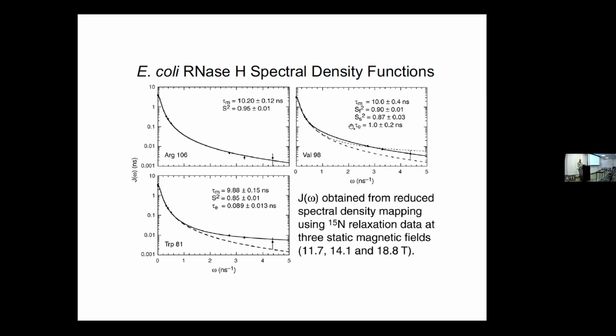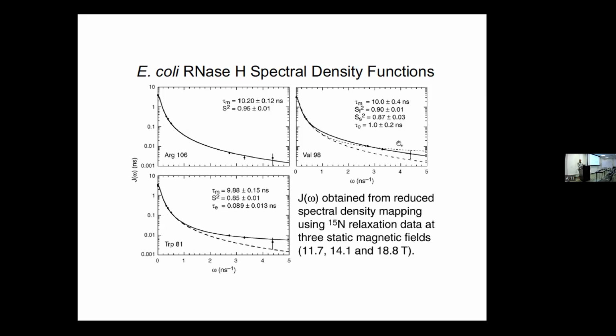And then here's a quite flexible residue. And now you can see there's two order parameters. And then in this case, an effective correlation time that is associated with the slower time scale process. So it's about a nanosecond. And again, you can see the dashed line is the simplest model. The dotted line is the model assuming a single order parameter and a relatively fast internal correlation time.